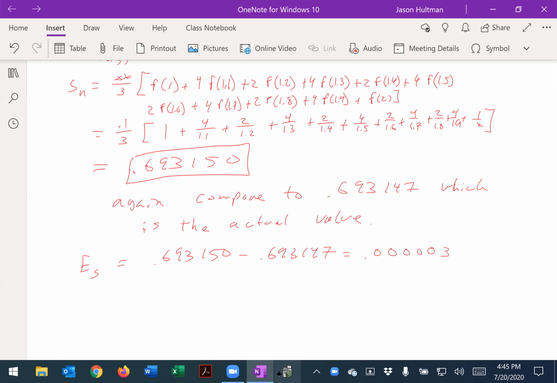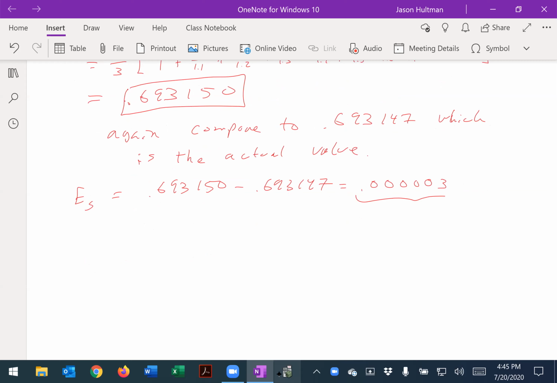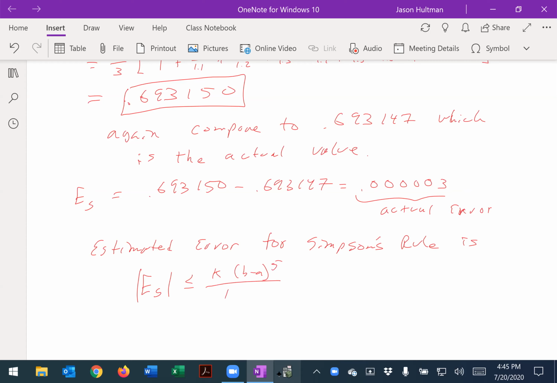Okay, within 3 millionths. So let's look at the error-bound formula for Simpson's rule. There is an error-bound formula. This is the actual error. Is there a way to estimate the error for Simpson's rule? And there is. The estimated error for Simpson's rule is: absolute value of E of S is less than or equal to K times (b minus a) to the 5th power all over 180 n to the 4th, where K this time is the bound on the 4th derivative, not the 2nd.